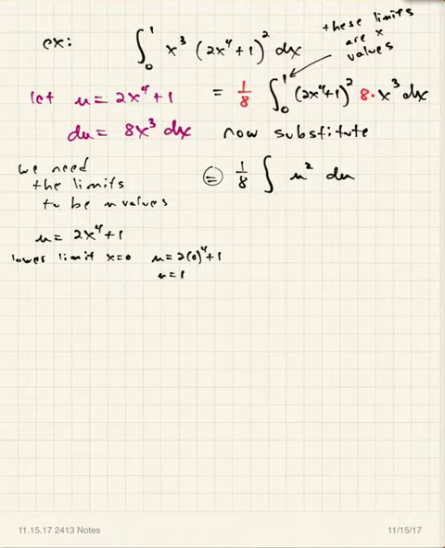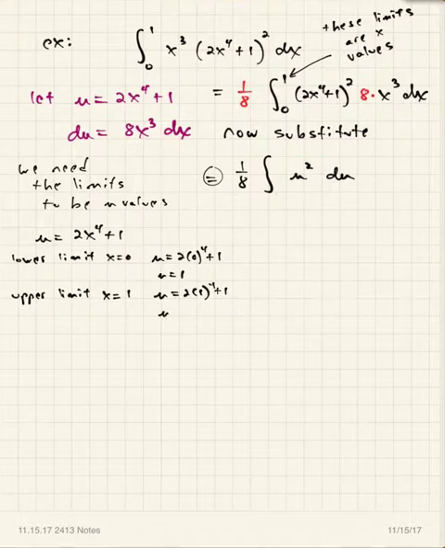U is equal to 1. The upper limit, that's where x is equal to 1. And so you let x be 1, and you get 2 times 1 to the fourth plus 1. So u would be equal to 3. So our new limits go from 1 to 3.